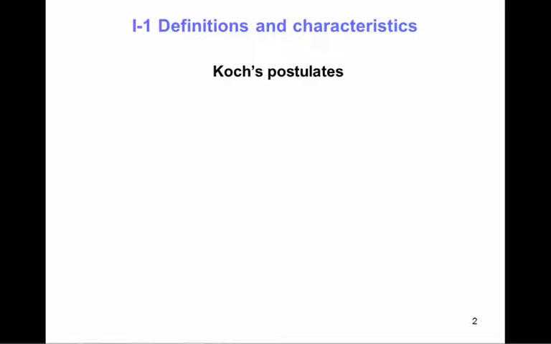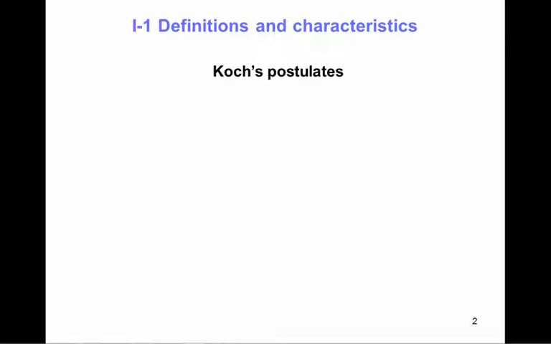Okay, so on this subject, it's useful to go right back to the beginning with Koch's postulates, which were introduced by Robert Koch in the 19th century, who, along with Pasteur, was one of the leading microbiologists who identified many bacteria responsible for specific diseases.